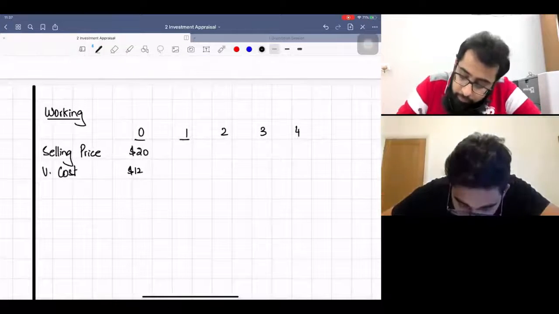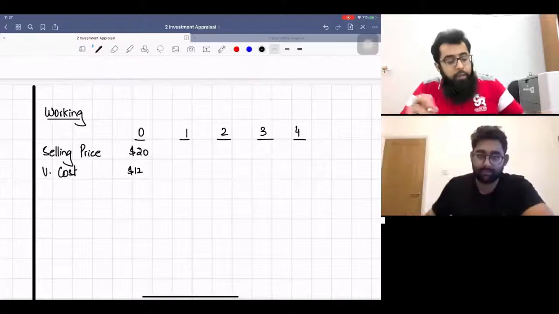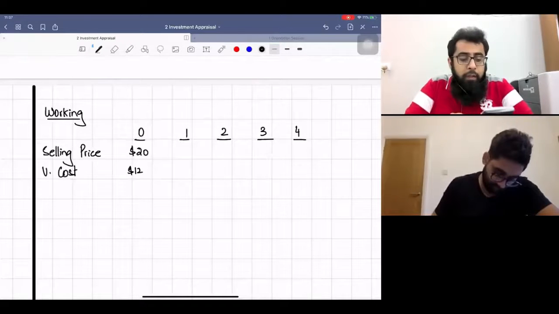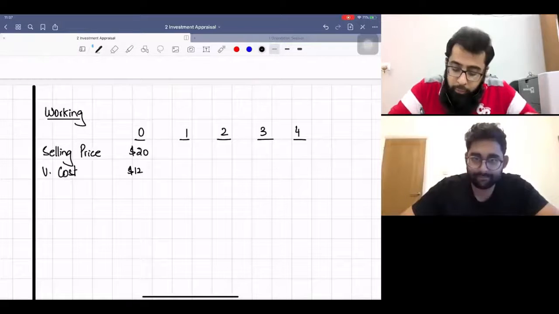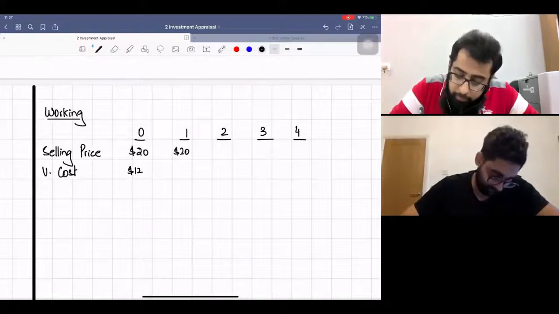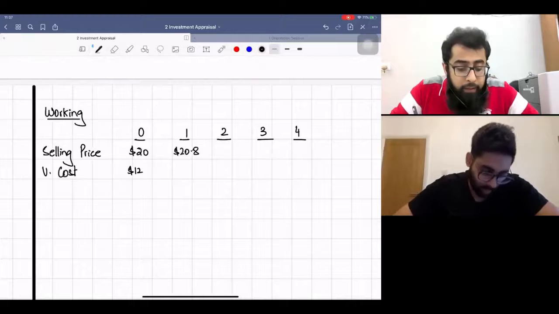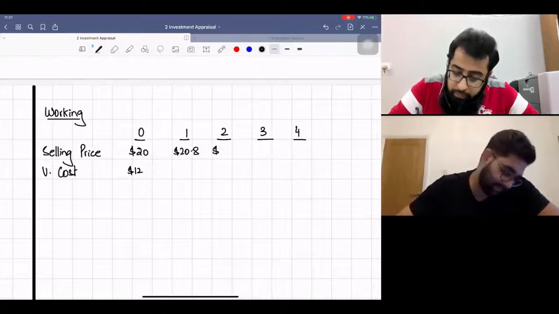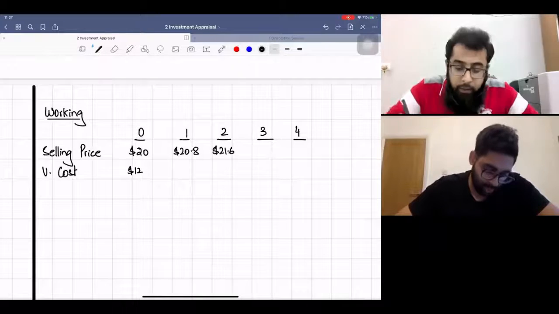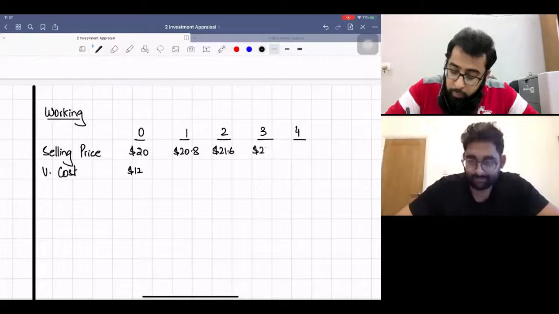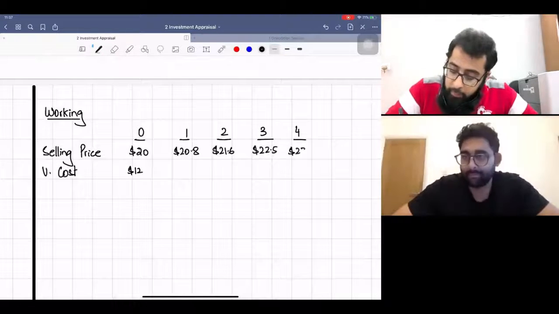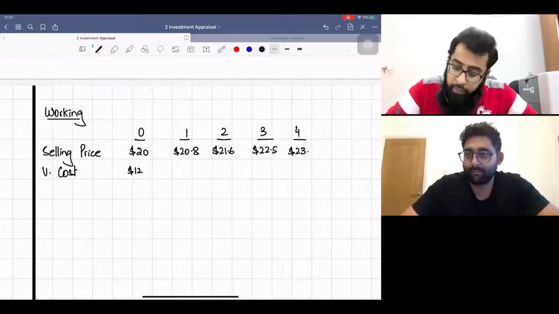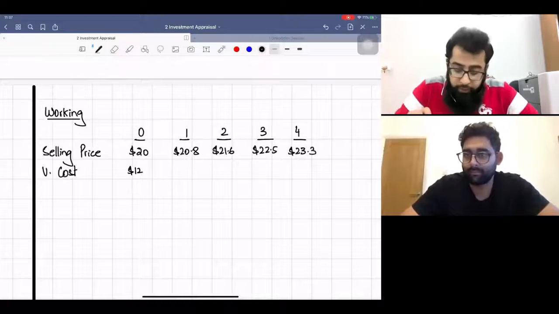Year one: 20 multiplied by 1.04 is 20.8. Then 21.6, then 22.5, and 23.4.